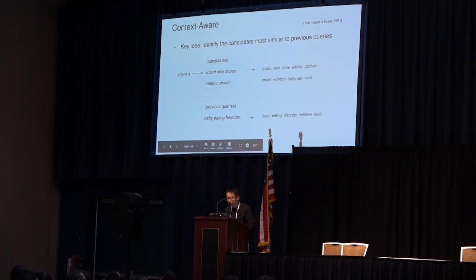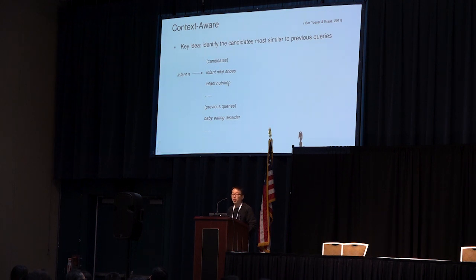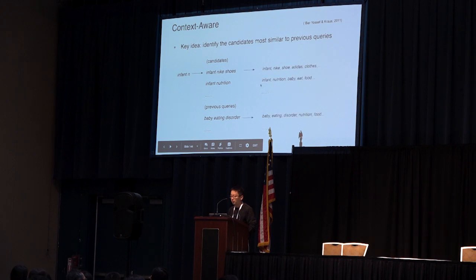So the problem is reduced to how to identify that infant nutrition should have a larger similarity value with the previous query. At that time, deep learning was not very popular. So what they did was add similar words into the original query to get a richer representation. By doing this, they are able to identify that infant nutrition is closer to baby eating disorder.